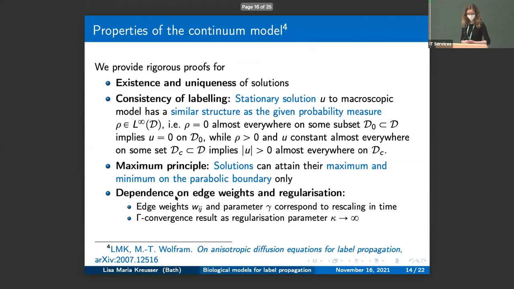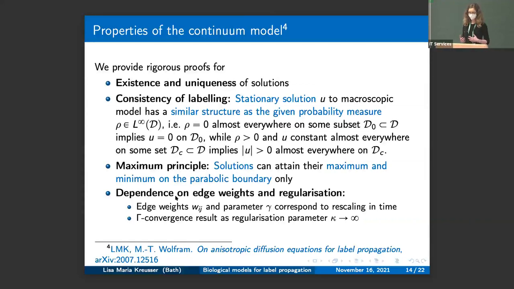One can also do some numerical simulations, but before that, I'd like to shortly outline some of the theoretical results we obtained for the system. First of all, one can show existence and uniqueness of solutions. One can also show consistency of labeling.